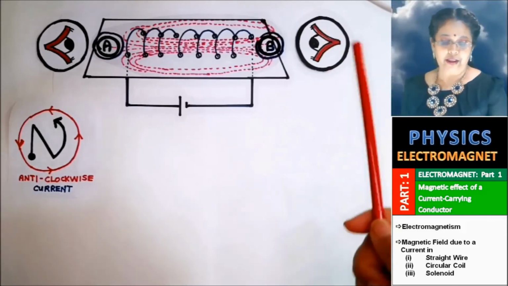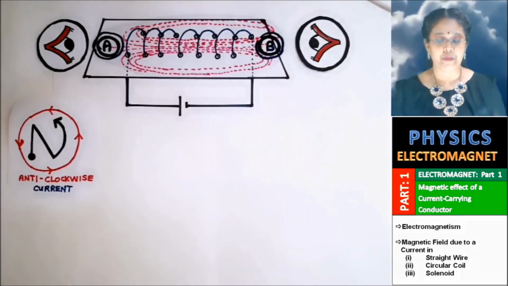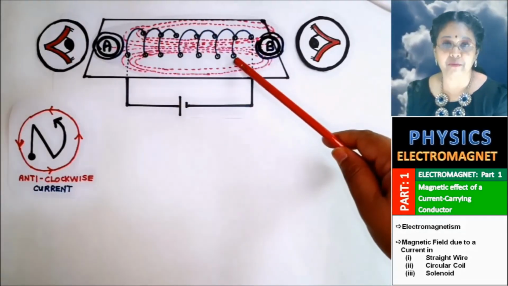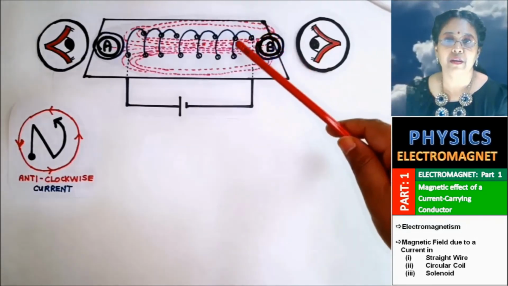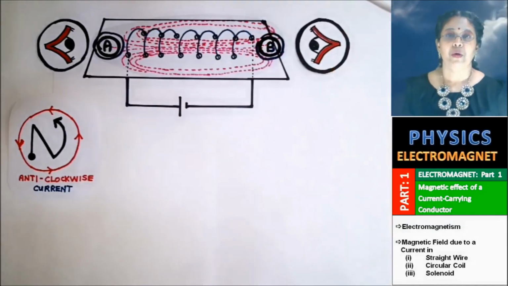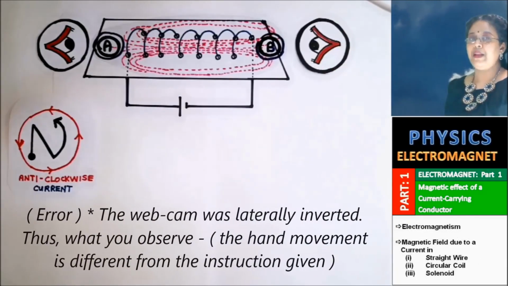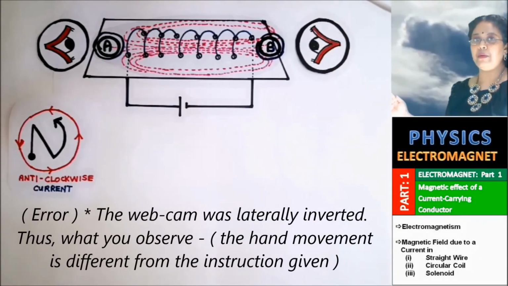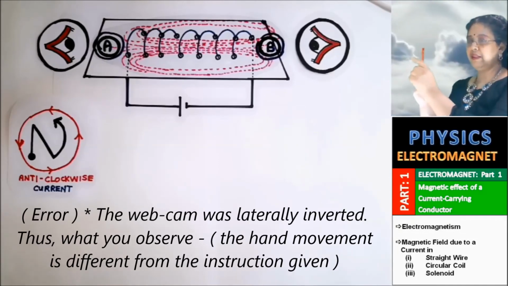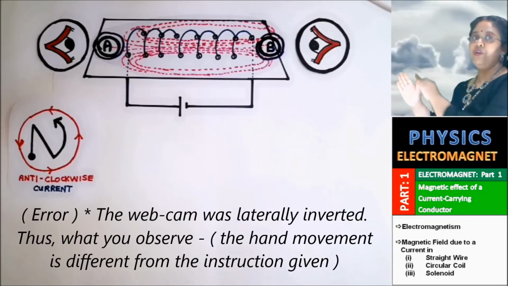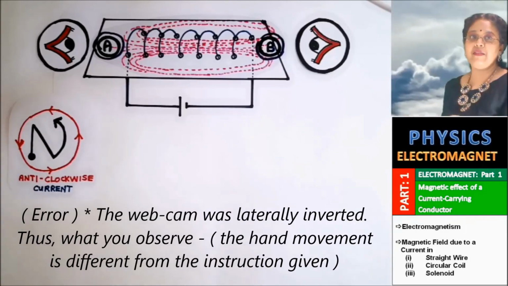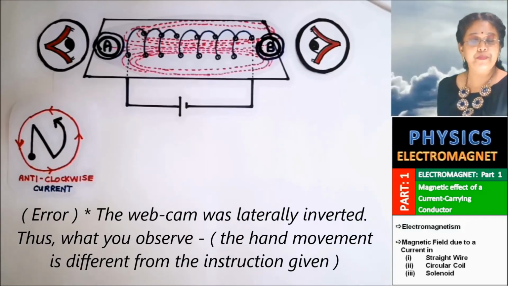But let's look at what we can view from B. We can see that the current which flows in this direction finally comes in from here to this side, from bottom to top. But when we view it this way, in this direction, from bottom to top, what I can see from this angle is from left to right hand side in an upward direction, which represents a clockwise direction.